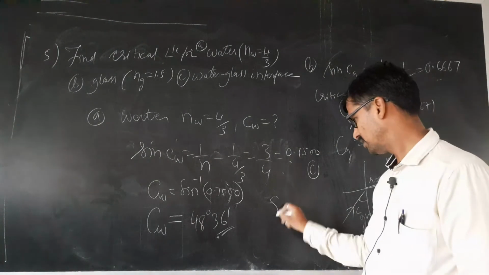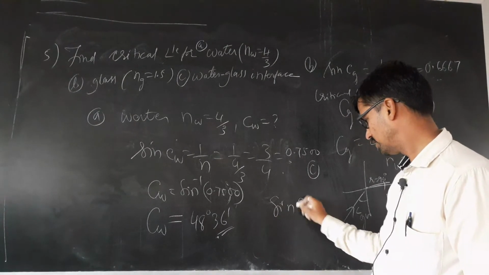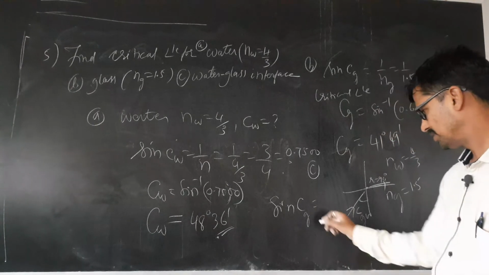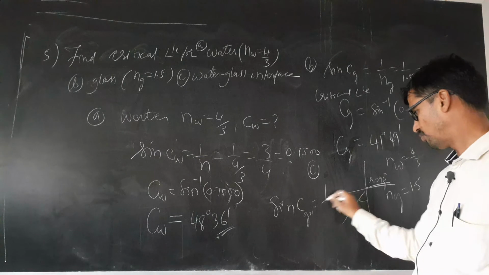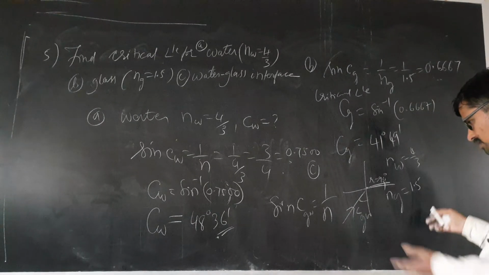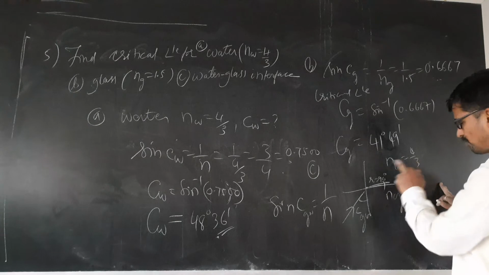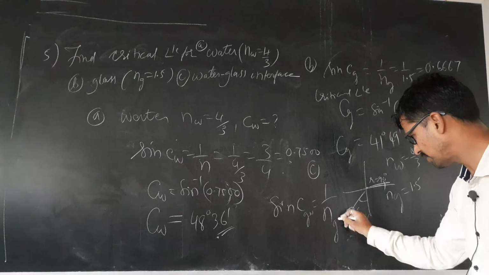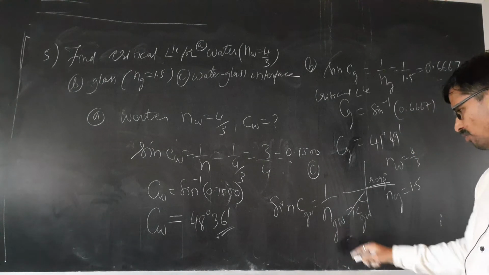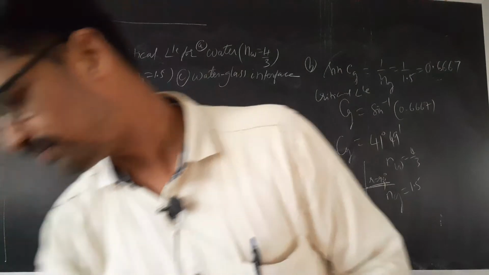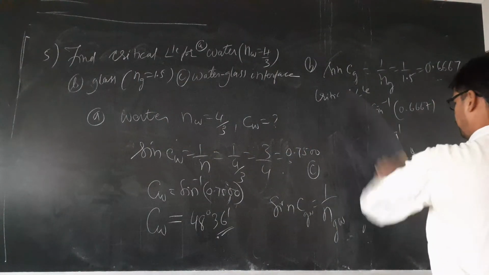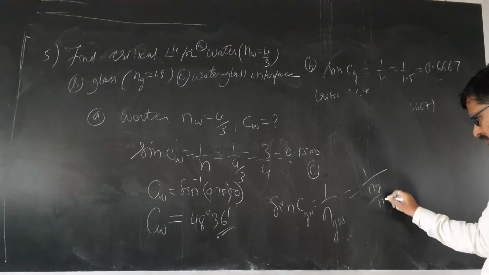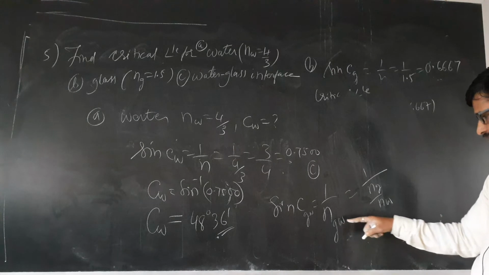Let us see sine of the critical angle for the water glass interface, C_gw, is 1/n, question mark. Sir, whether we should put glass first or water first? No, it should be the denser medium with respect to the rarer medium. Glass with respect to water. n_gw is written as n_g upon n_w.